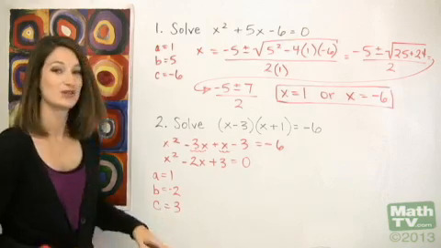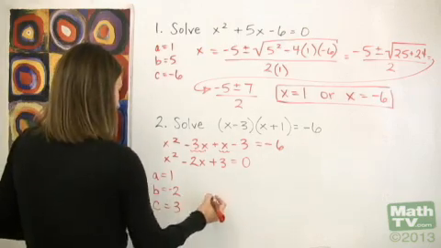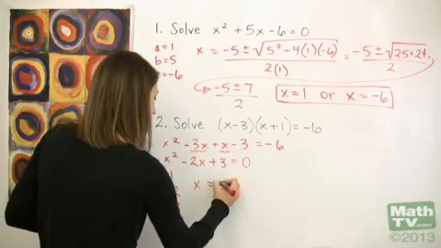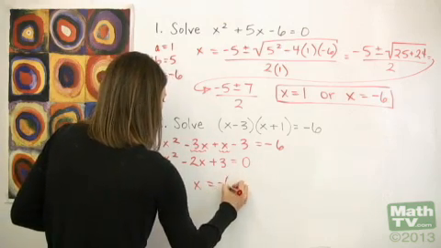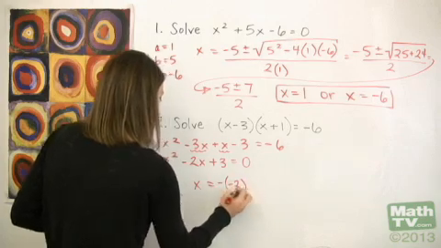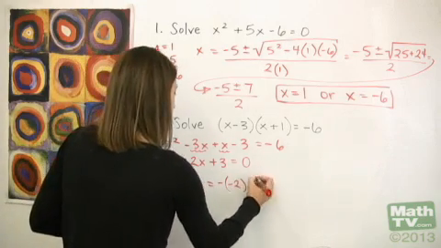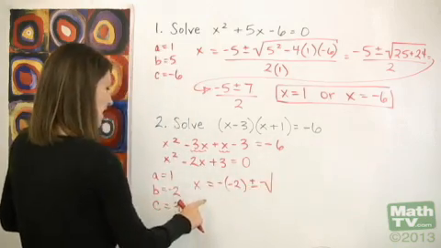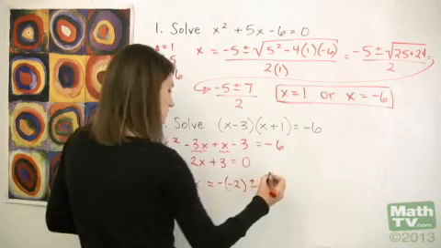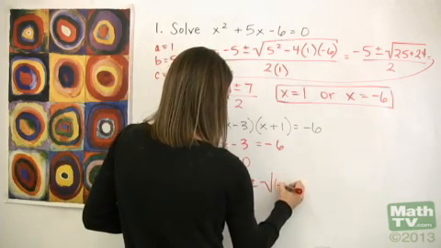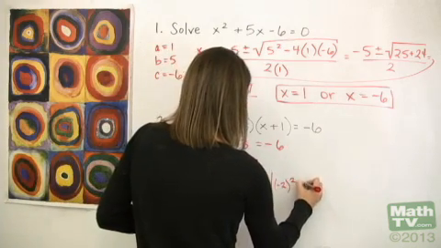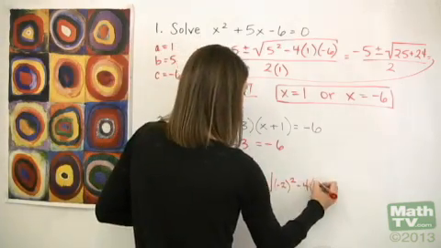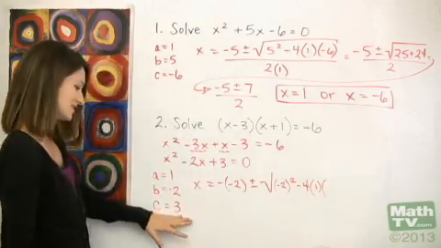So then we plug these values into our formula. Our formula starts with x equals and then negative b. So if b is equal to negative 2, we have negative of negative 2, then plus or minus the square root of b squared, so negative 2 squared, minus 4ac. A is 1 and c is 3.